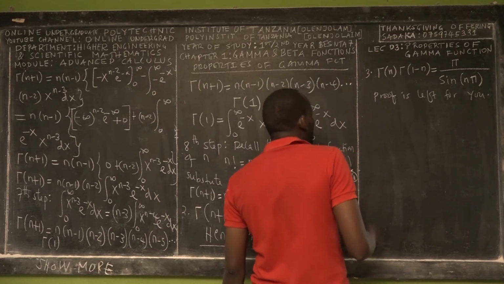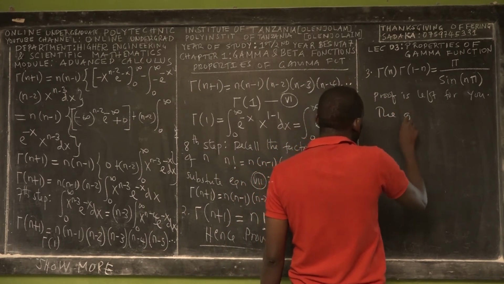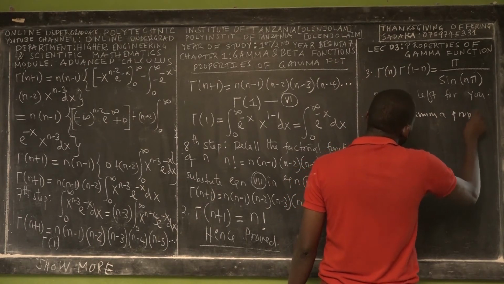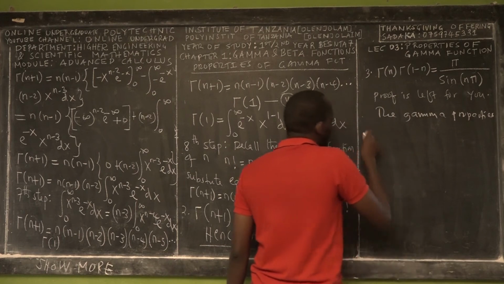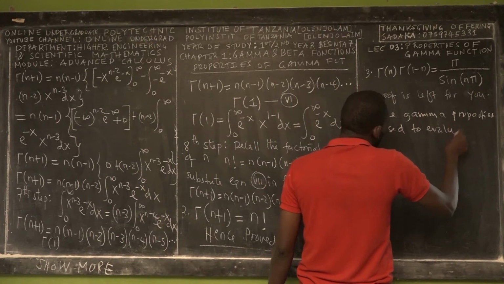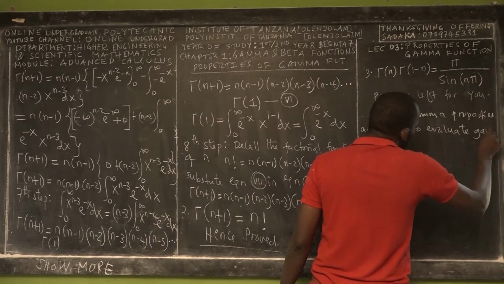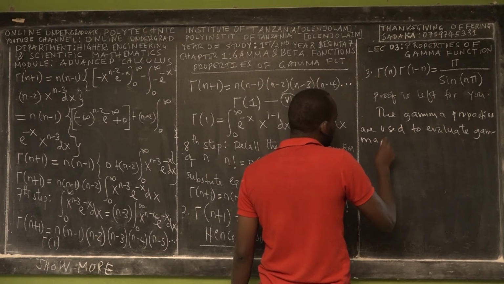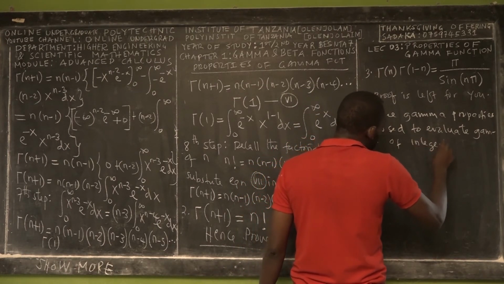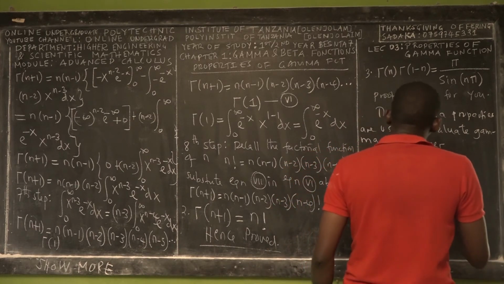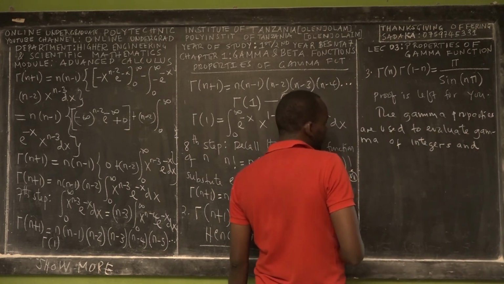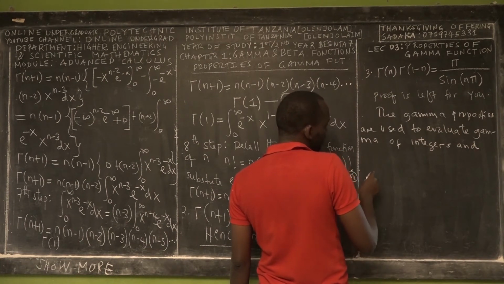So the gamma properties are used to evaluate gamma of positive integers and fractions.